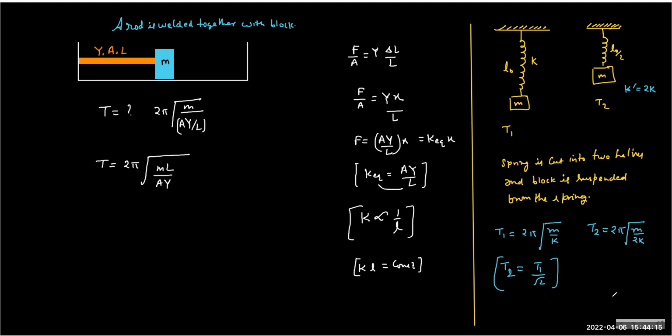So far we have seen the spring in which the elongation is happening in one dimension along the spring. But now we'll see some more complex situations in which things will be happening in a different way. So the next problem will be like this.